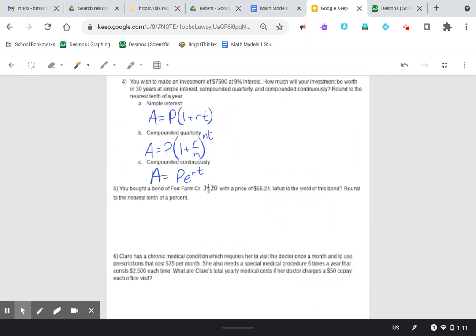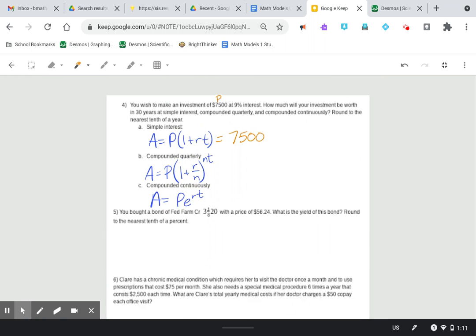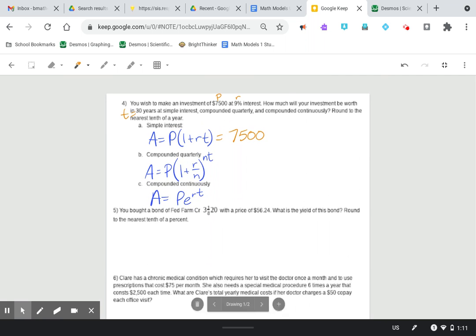So here we go. P is our 7,500 because that's the initial amount. That's what we call the principal. So that's this right here is my P. This is my R. T is 30. So 1 plus R, which is 0.09, times 30.